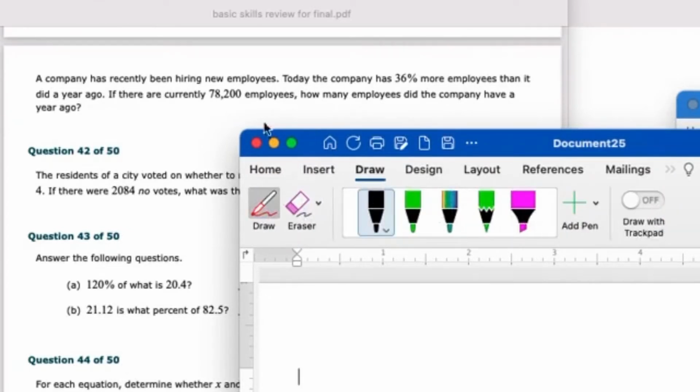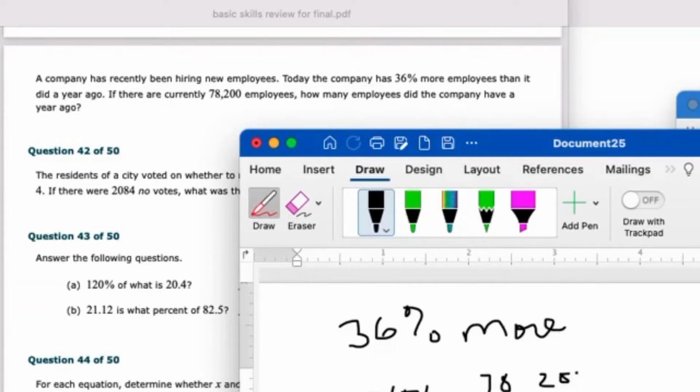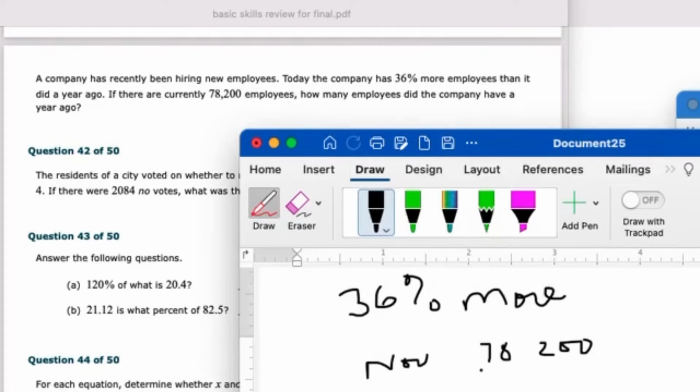This one is one of the more difficult ones. A company has recently been hiring new employees. Today the company has 36% more than it did a year ago, and it now has 78,200 employees. How many employees did it have a year ago?